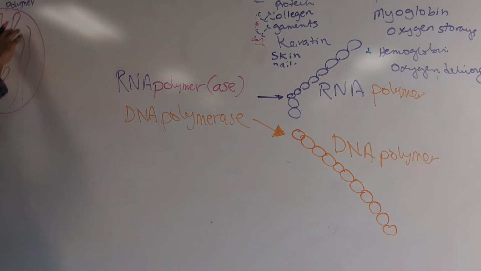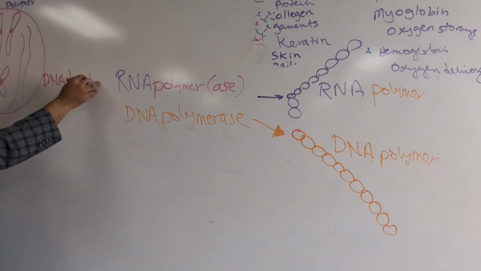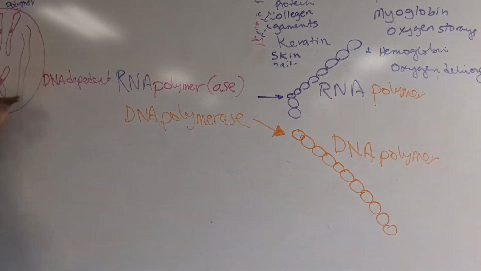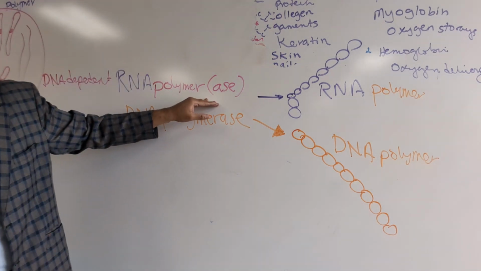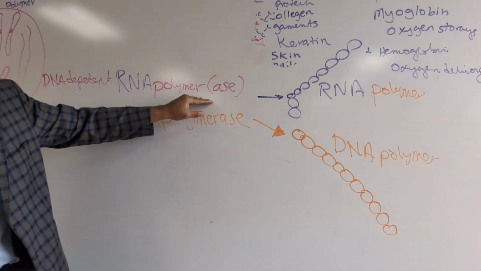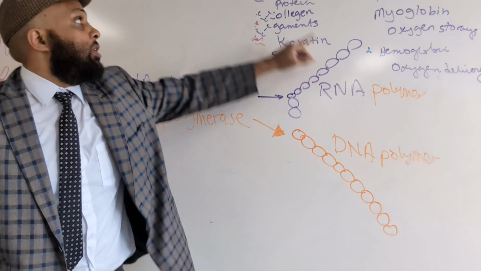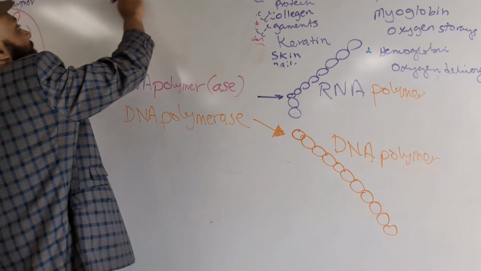So I'm going to depend on the DNA. That's called DNA dependent RNA polymerase. DNA dependent RNA polymerase will give me an RNA polymer, this one. So I got this RNA polymer right here.